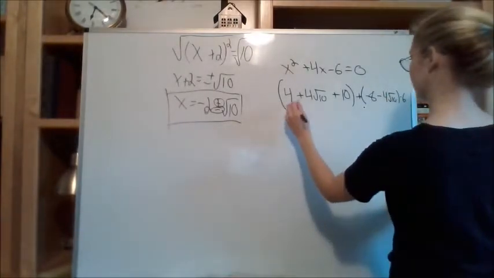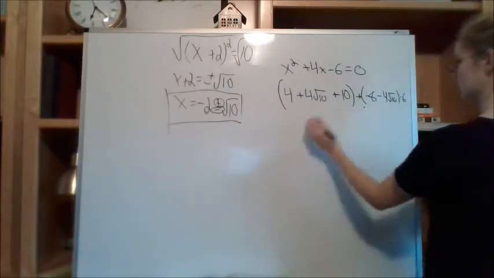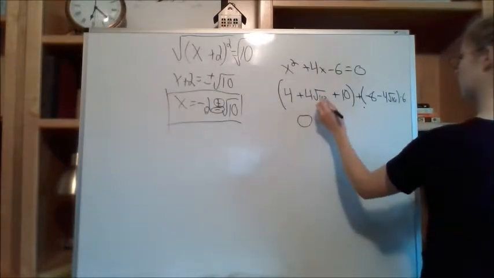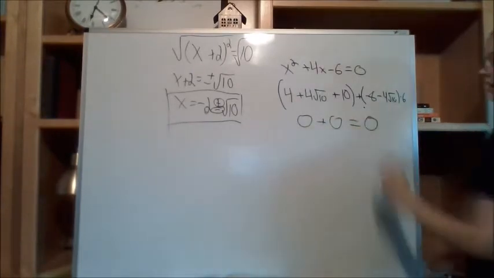So that's 14, minus 8 minus 6 is 0, plus 4 square root of 10 minus 4 square root of 10 is 0. So that works too.